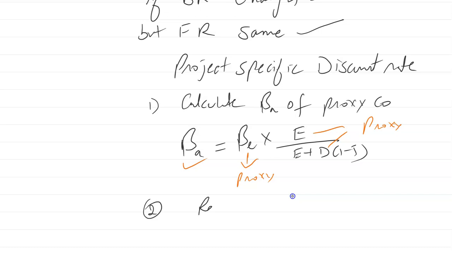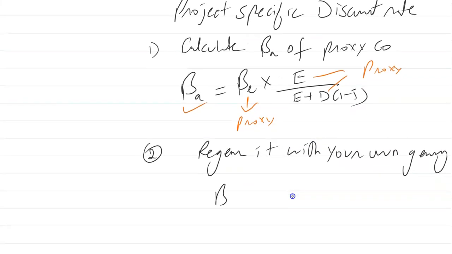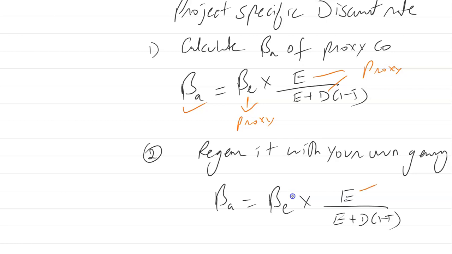Then re-gear it with your own gearing. Use the same formula. Now, this equity and debt should be of your own company.